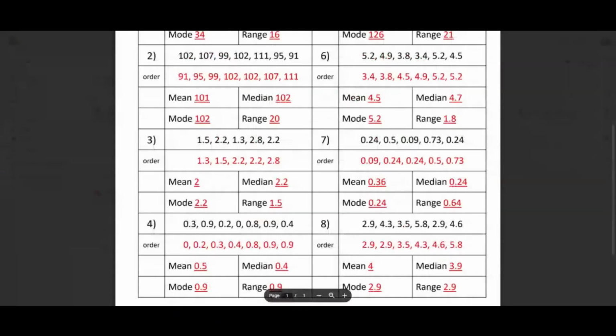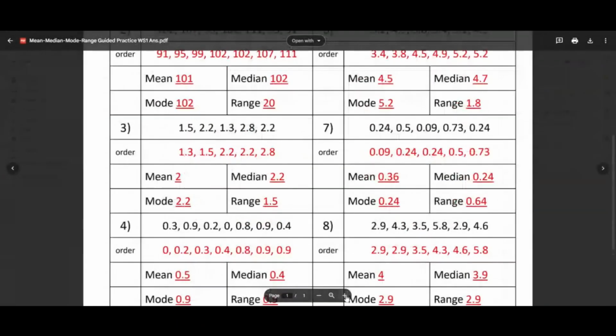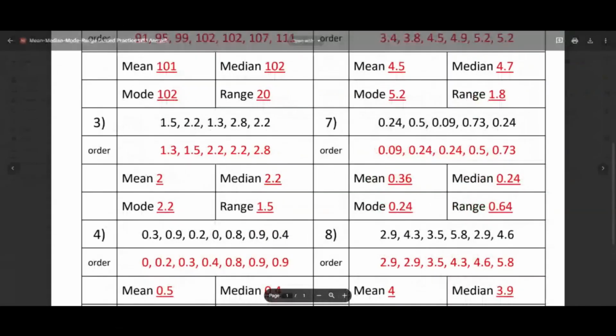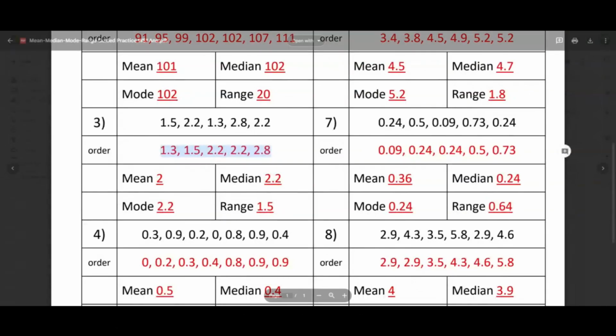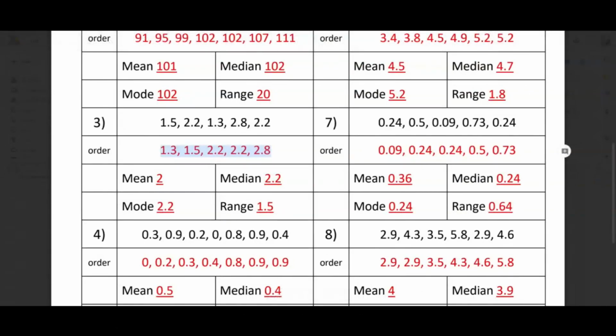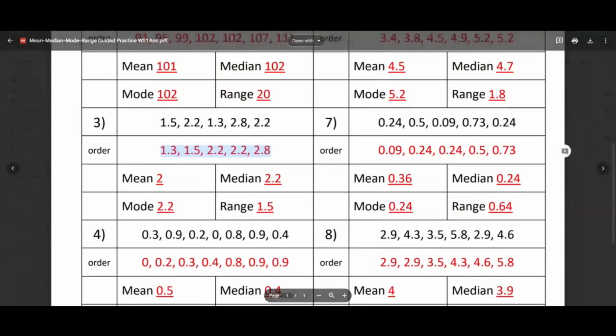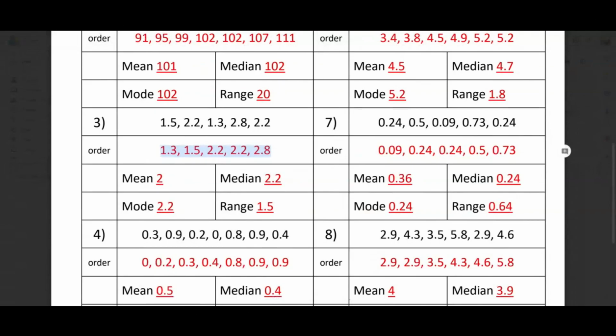All right, I'm going to go ahead and show you the answers. Y'all, we're doing number 3. And so when you put the numbers in order, you should have gotten 1.3, 1.5, 2.2, 2.2, and 2.8. The mean, you add 1.3 plus 1.5 plus 2.2 plus 2.2 plus 2.8, and you divide by 5. There are 5 items, 1, 2, 3, 4, 5.